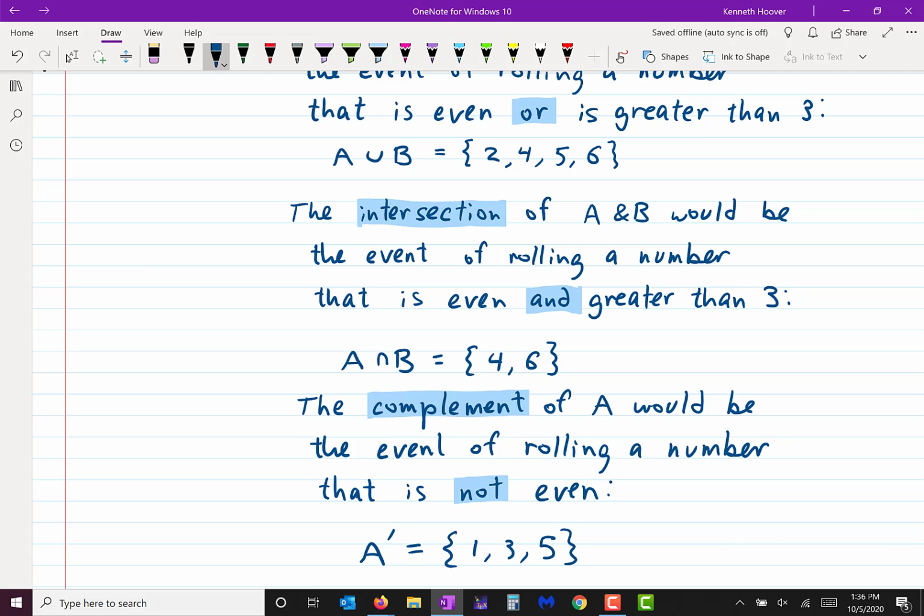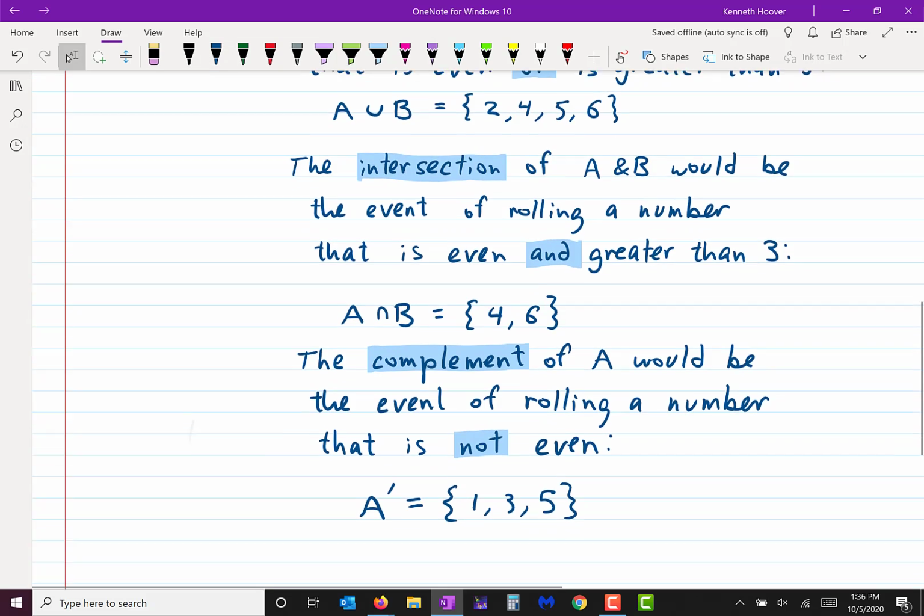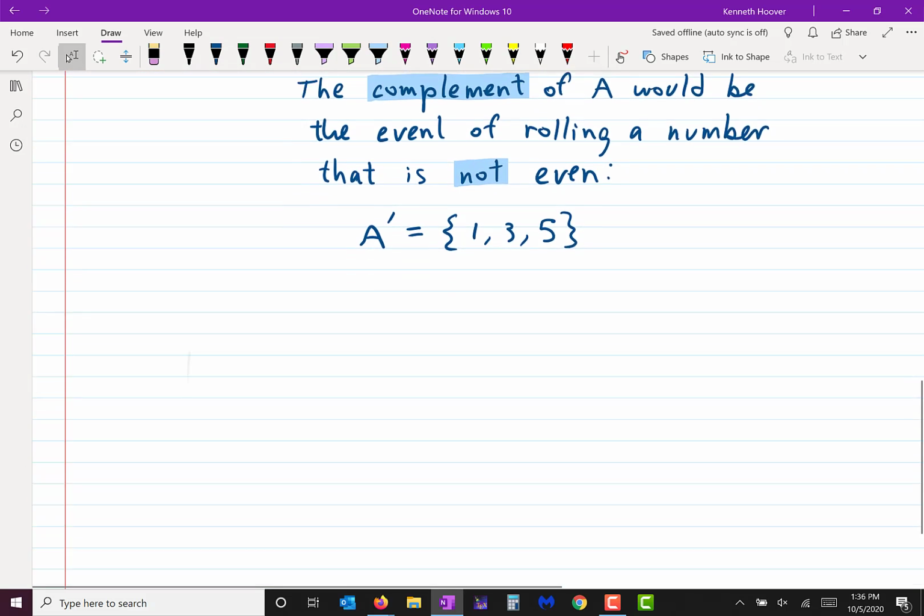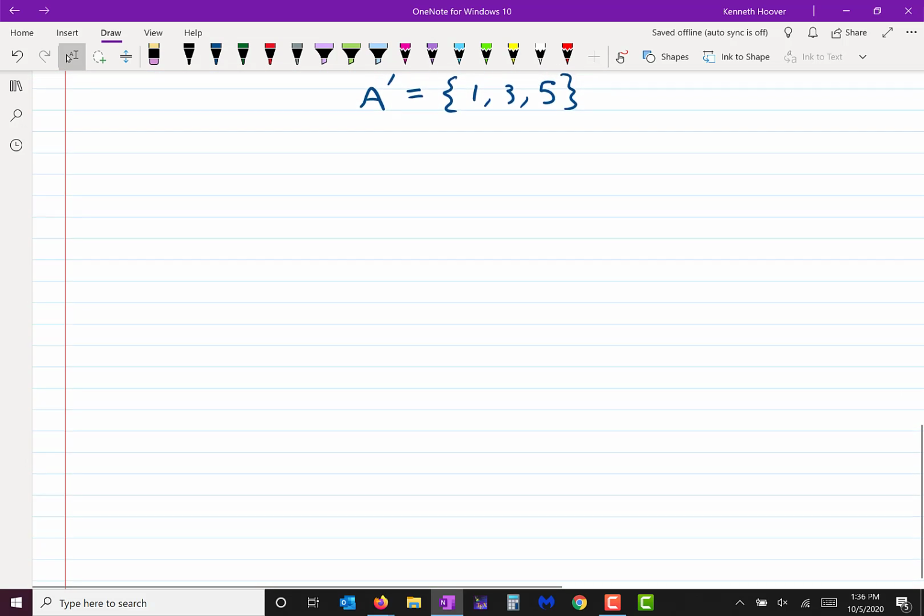Now getting into a little bit more math here, we're going to actually start calculating some probabilities. I want to talk about something called conditional probability.